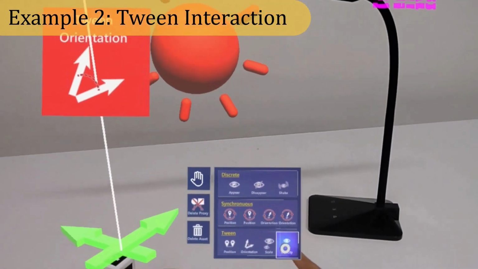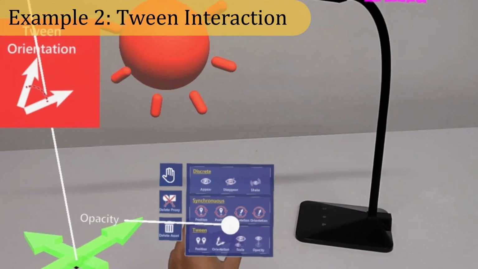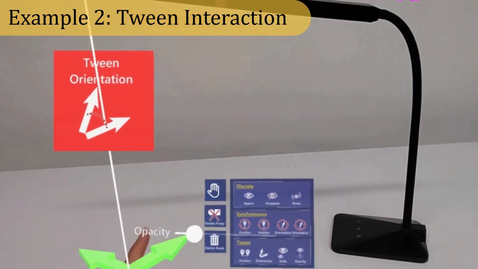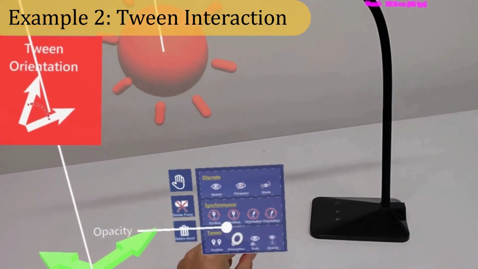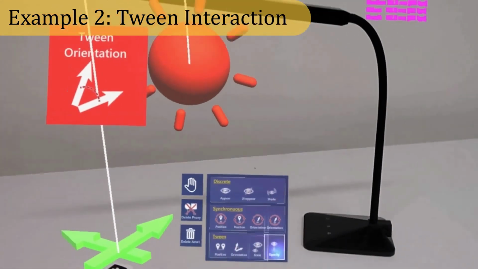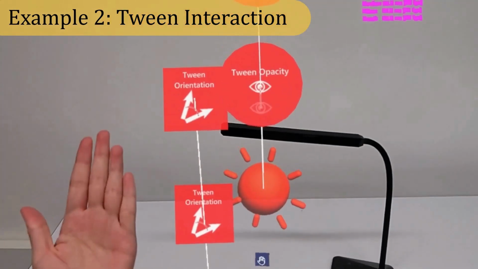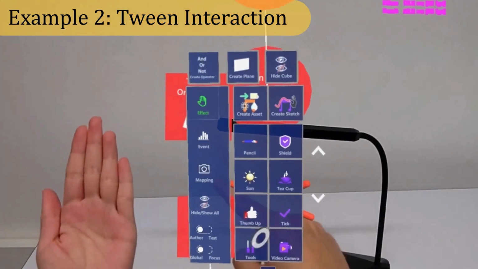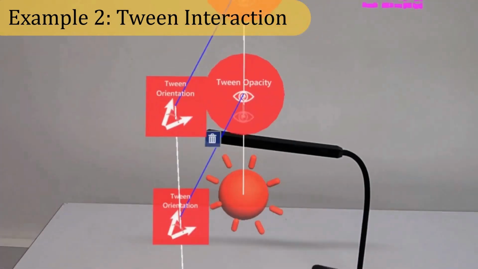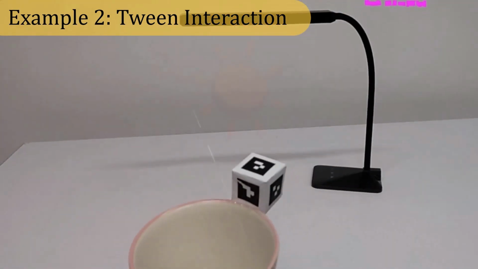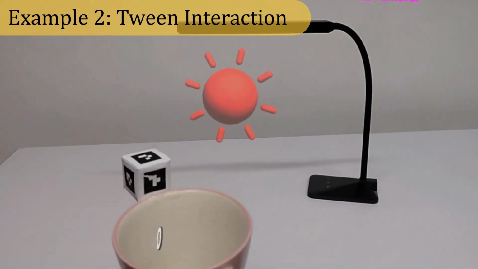And assign a twin opacity vector to the asset by specifying 2 opacity values from the slider. After that, the user can drag the lines between the event and effect proxies to create connections. Finally, the user rotates the cup to change the light brightness.